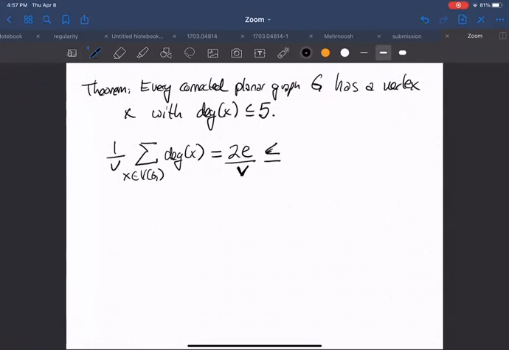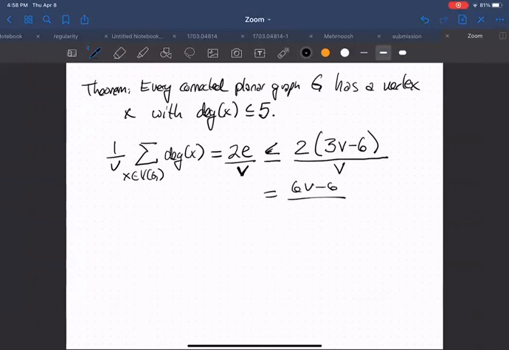Now, by that Euler bound that we just saw, E is at most 3 times the number of vertices minus 6, divide by V. So you're getting 6V minus 6 divided by V. And well, 6V over V is just 6, but you don't quite have 6V. You have 6V minus 6. So you actually get a number that's less than 6.